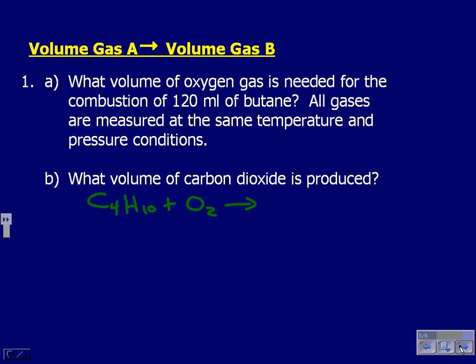What are we going to get when we burn it, Ben? CO2 plus H2O. And let's balance it. 4. We've also done this a million times. 10, which means we need 5 H2Os. That's going to give us an odd number.